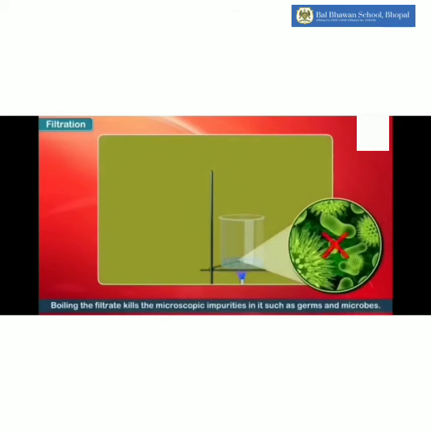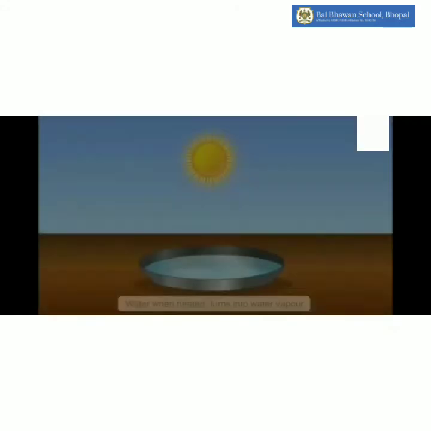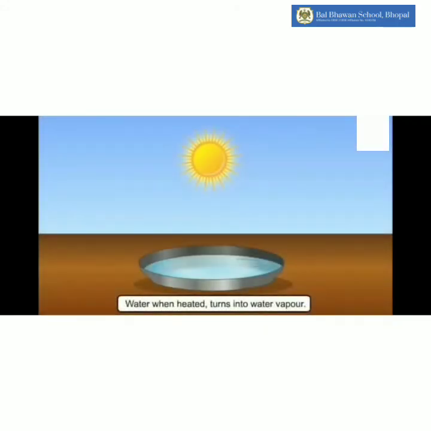Boiling the filtrate kills the microscopic impurities in it, such as germs and microbes. So, still, there's no mud, there's no insoluble impurities, but germs are there. Evaporation is another process which helps in removing soluble impurities.